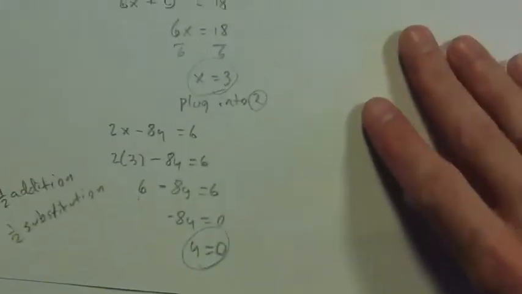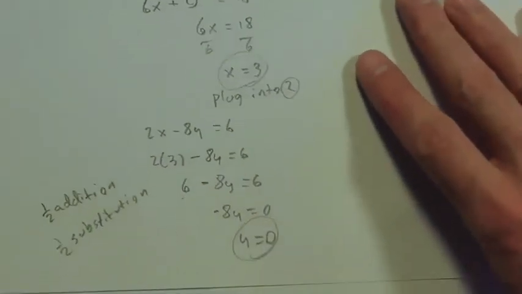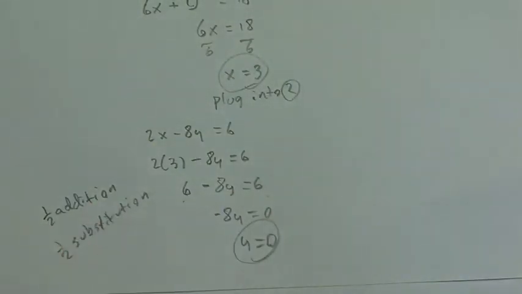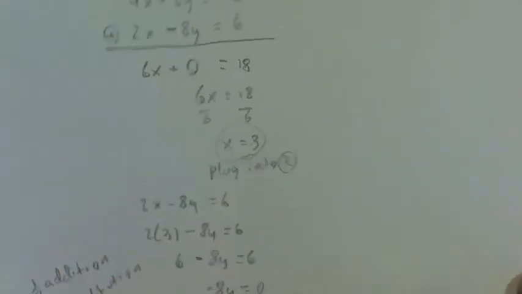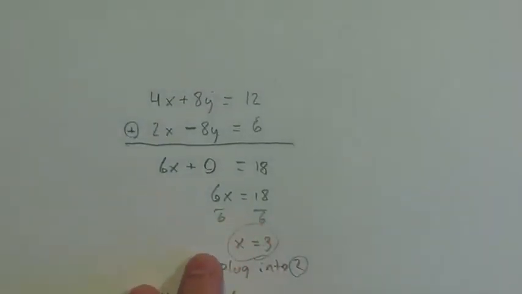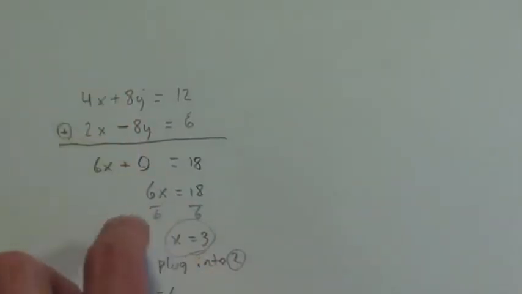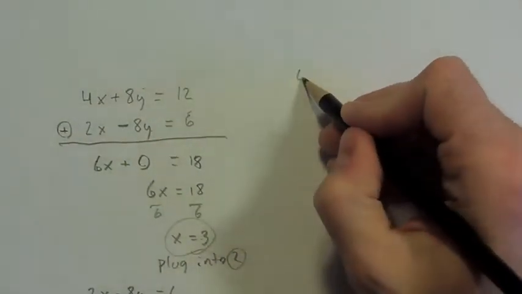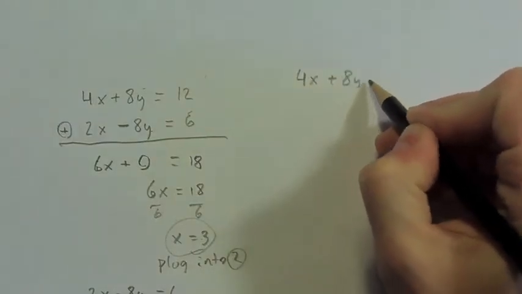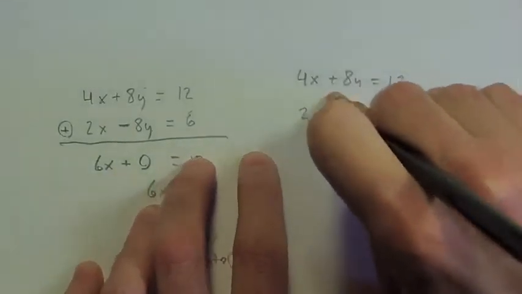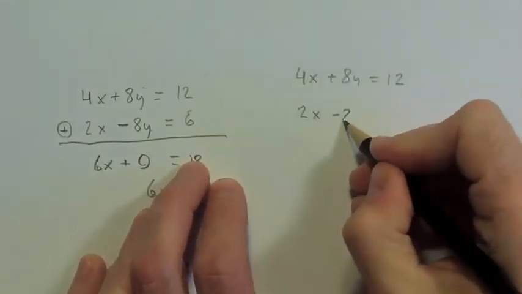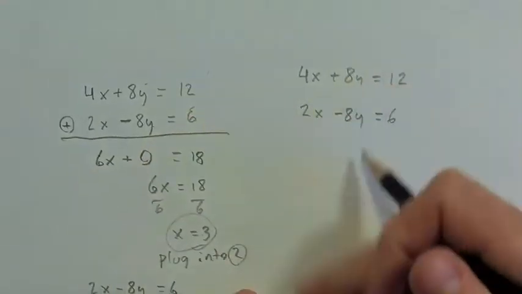Because we did the addition method to solve for the first variable, and then we plugged it into one of our equations to solve for the second variable. If I wanted to do full-on addition method, so I used the addition method to solve for x, maybe I want to do that to solve for y. So we're going back to our original problem: 4x plus 8y is equal to 12, and 2x minus 8y is equal to 6.